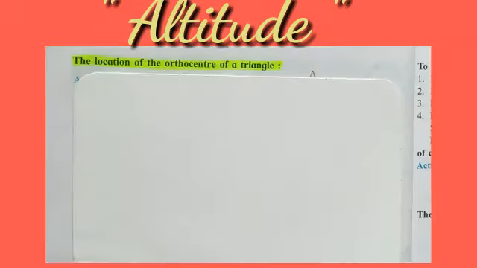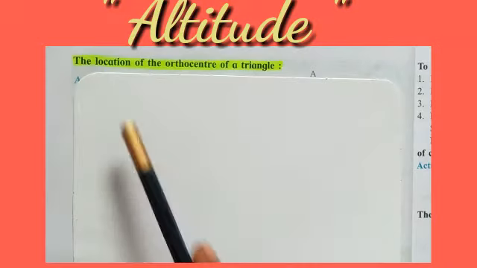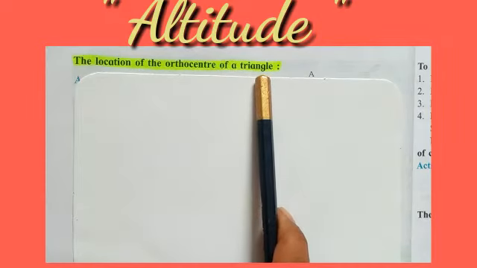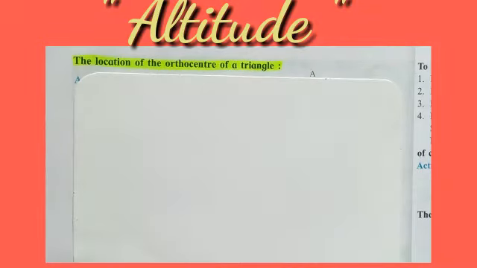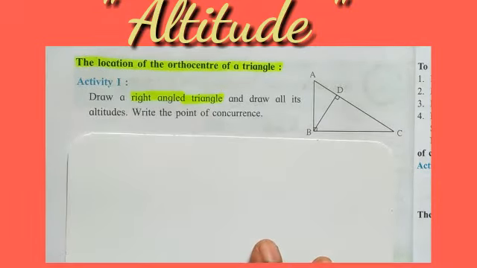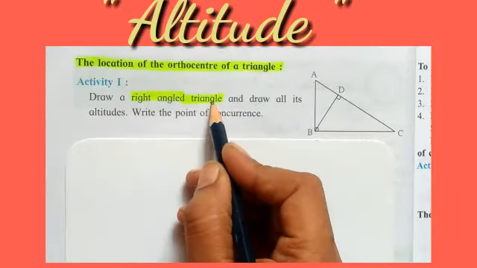Got it, students? Now students, let's understand the location of the orthocenter of the triangle. As we know, there are three types of triangles: first the right angle, second the obtuse angle and third the acute angle. So let's see that. Suppose this is the first activity, related to the right angle triangle.